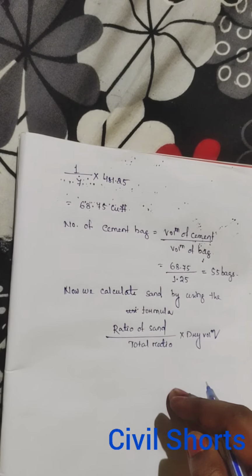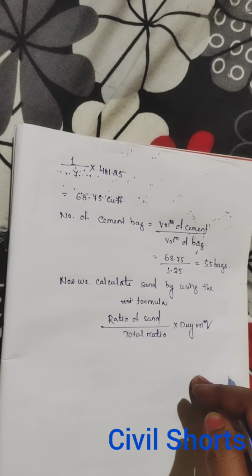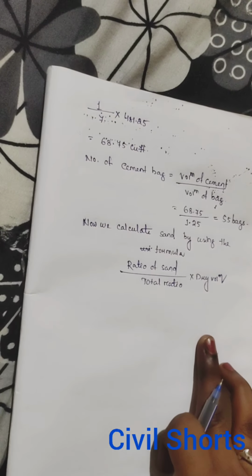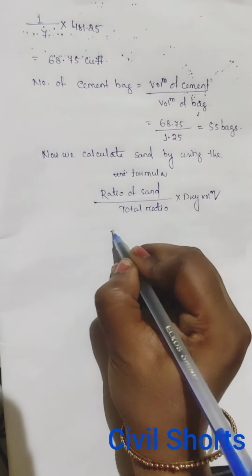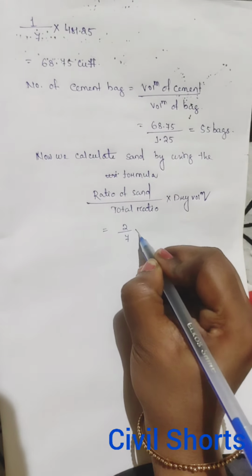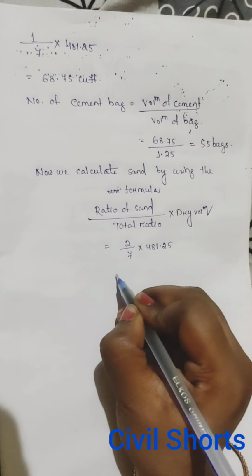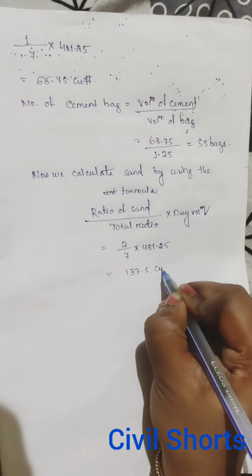While the ratio of sand is 2 and total ratio is 7, dry volume is 481.25. 2 by 7 into 481.25. The answer is 137.5 cubic feet.